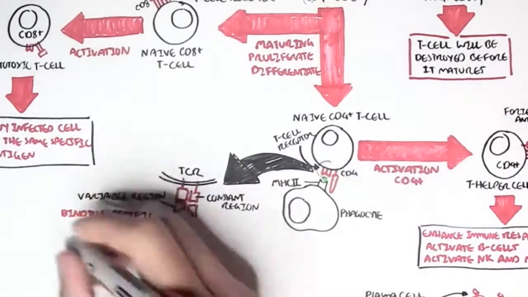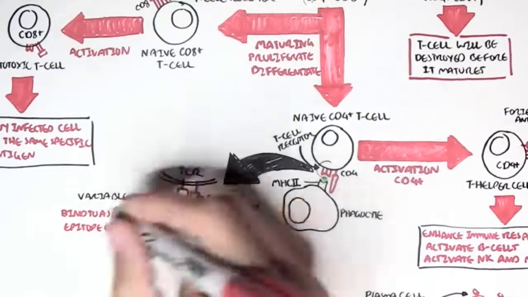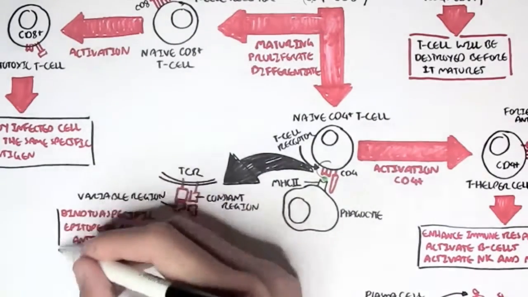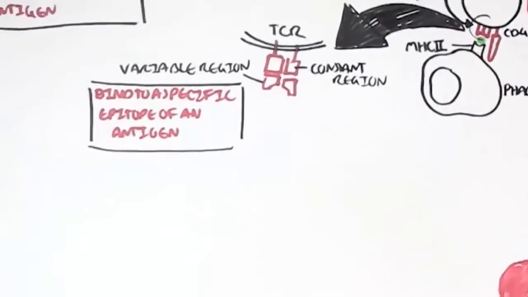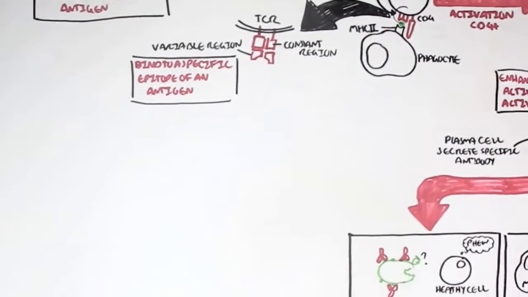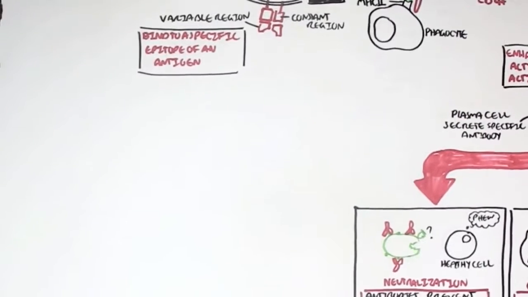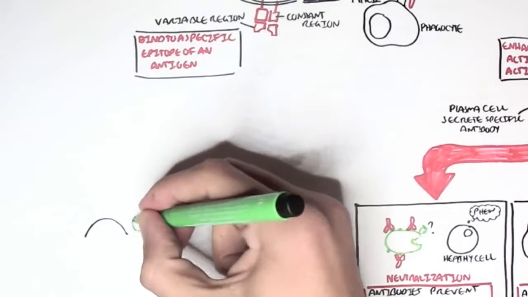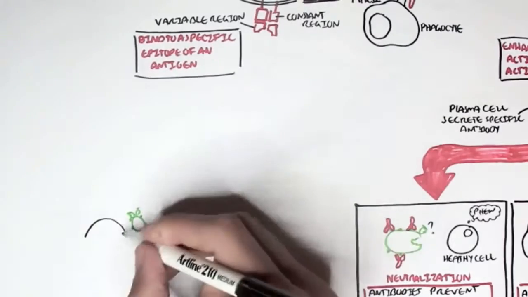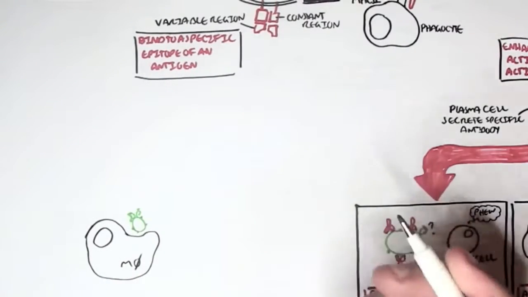So the naive CD4 T cell gets activated when a non-infected phagocyte, an antigen-presenting cell, presents a foreign antigen on an MHC class 2. How does this happen? Well, we have an antigen-presenting cell here, such as this phagocyte, and it will engulf this pathogen through phagocytosis.